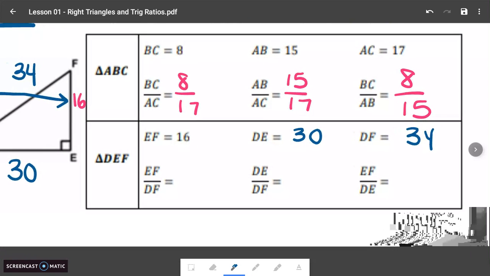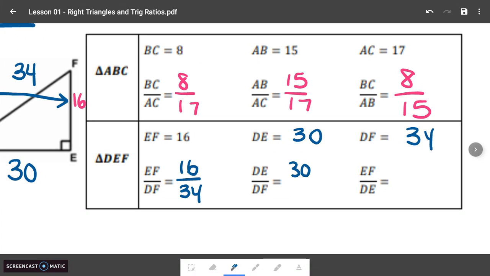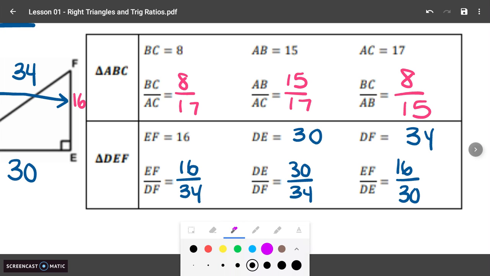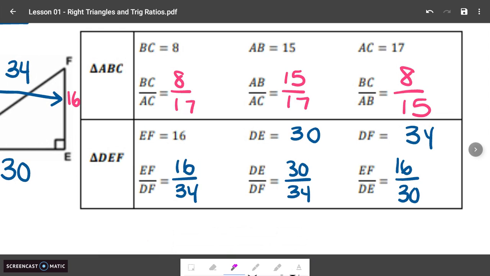So just like the other ones now, I can set this up to be 16 over 34, 30 over 34, and 16 over 30. What I do want to be careful about, though, is that these all simplify.